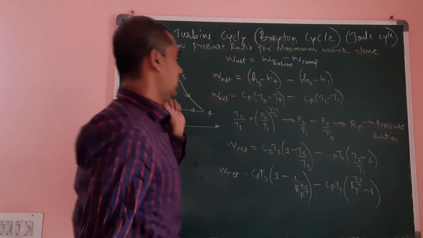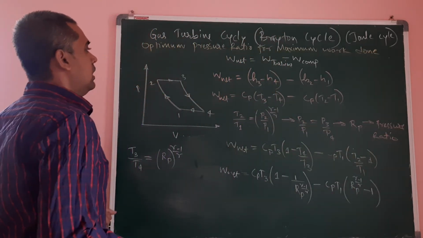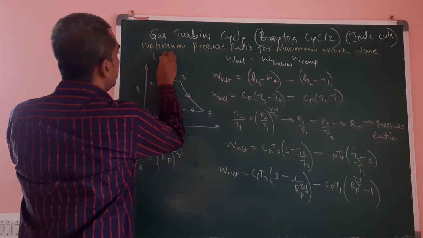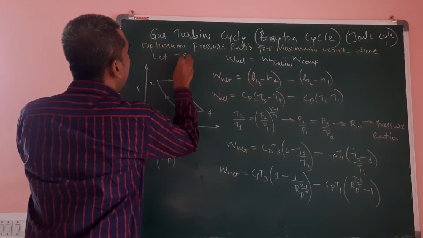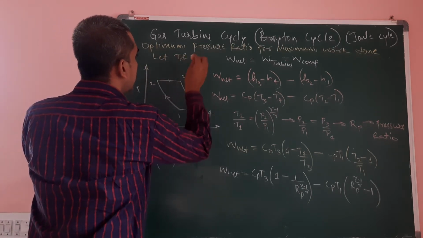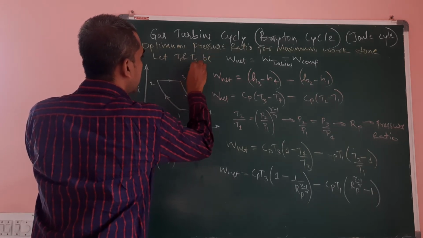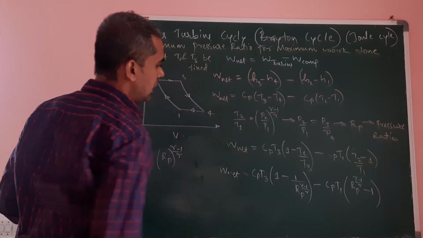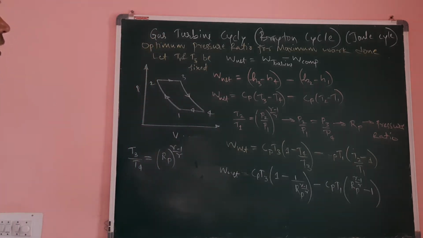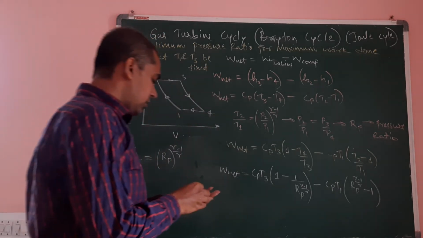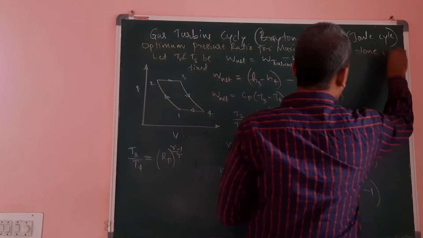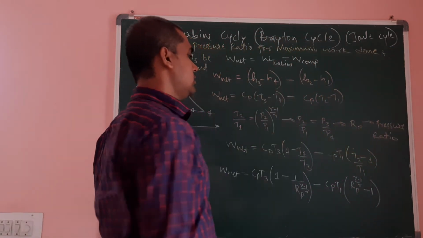This is what we are calculating. Okay. Let T1 and T3 be fixed. What we are calculating is, at what Rp the work done is maximum.